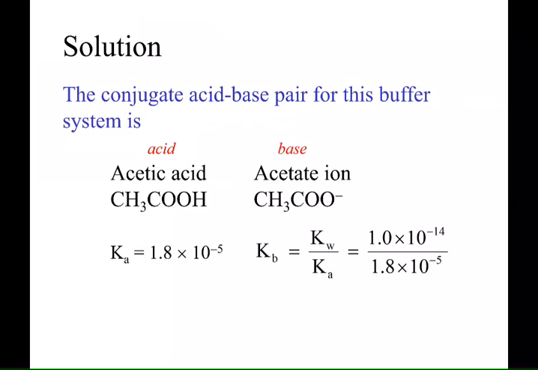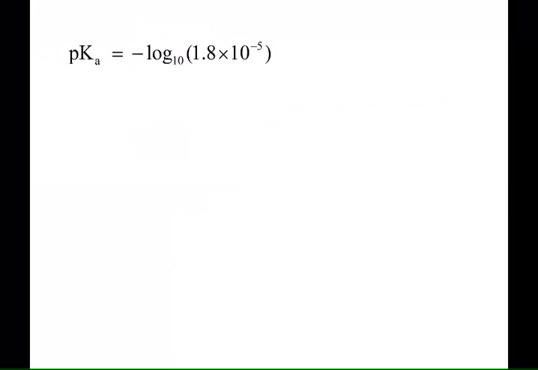So if we needed it, the Kb for the acetate ion is 5.6 times 10 to the minus 10th. I think the reason I'm bringing this in is oftentimes it's possible to have a buffered solution where you know the Kb for your weak base, but you don't know the Ka, so you can't get the pKa. So you kind of go backwards. You have to be able to do that.